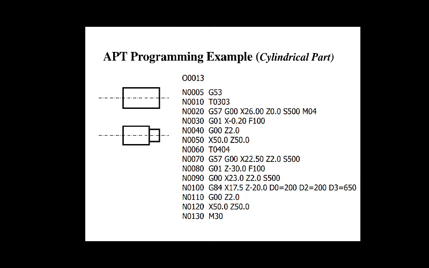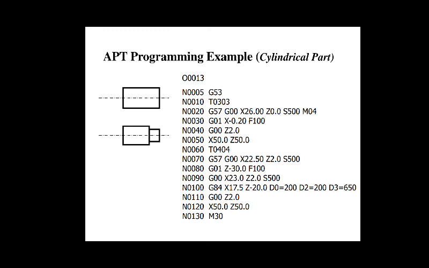Okay, now here we are going to see the key letters which are used over here. Here, O is used for a program number, that is, a program identification number, and N is for a sequence number, which is used for line identification, and G is for a preparatory function.